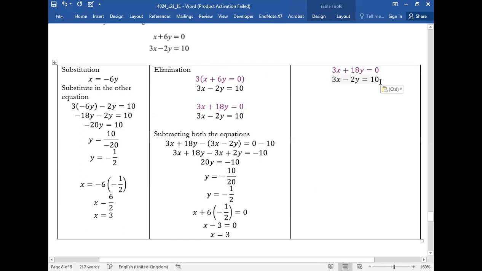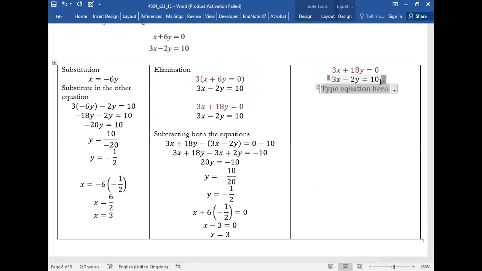If I have it like this, हम कहते हैं यहीं पे लिख लेते हैं. And we tend to subtract both the equations. Is that right? ऊपर नीचे देख लेते हैं. 3x से कैंसिल होके 0 बन जाता है. Now this is plus 18y, minus will first multiply by minus, plus 2y. This will become 20y. And 0 minus 10 will be minus 10.